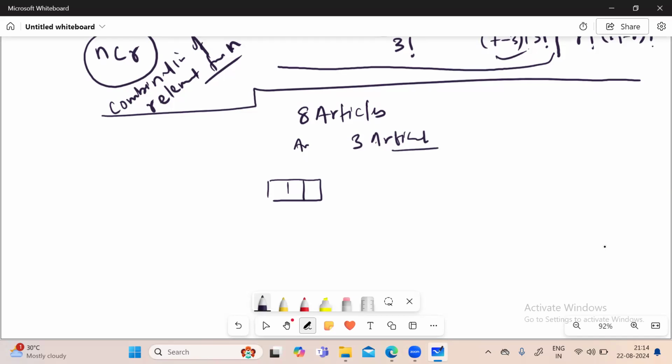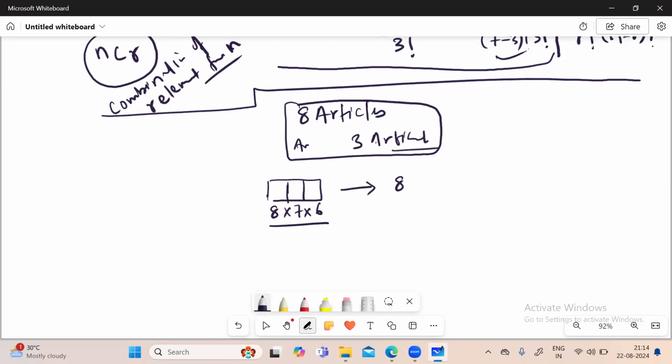So basically, now we have 3 ways to do the same thing. Like we have to arrange 3 articles out of 8 articles. We could have done it as 8 into 7 into 6, or we can calculate the same as 8p3. Or we can first make a group by 8c3.